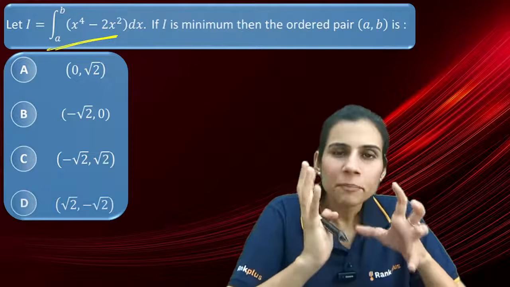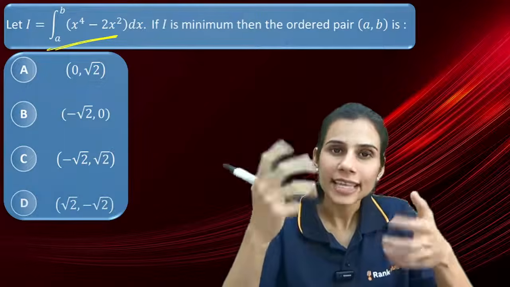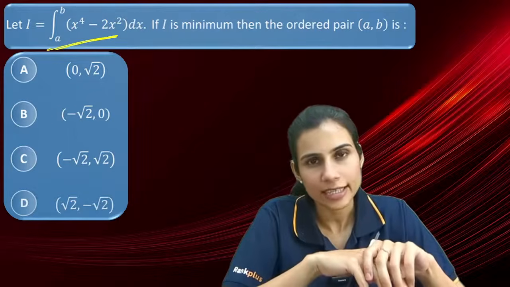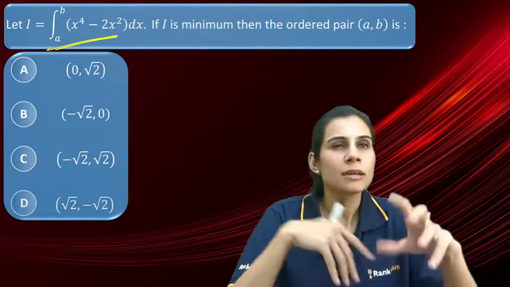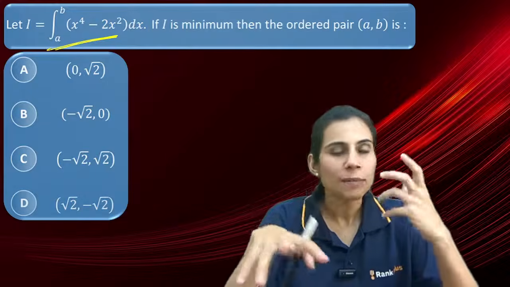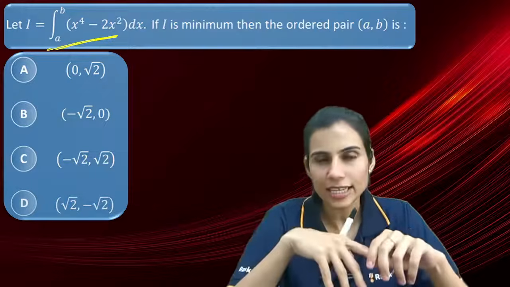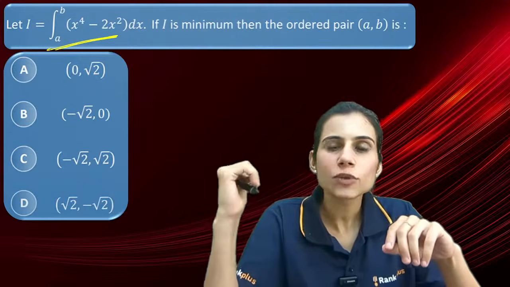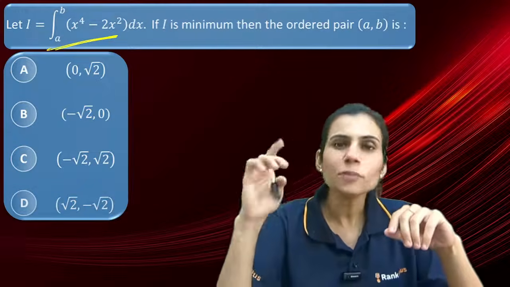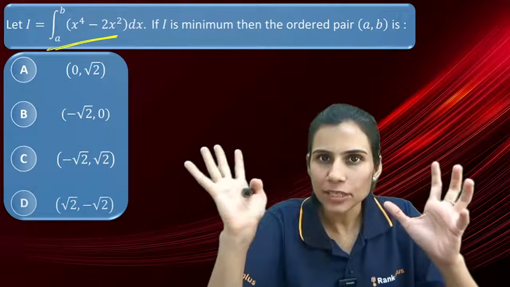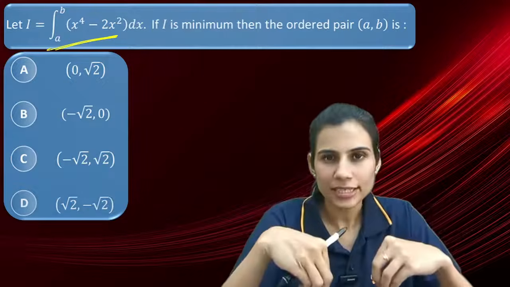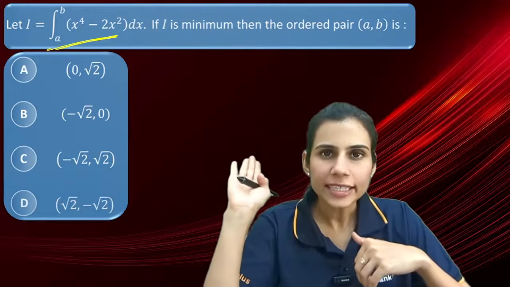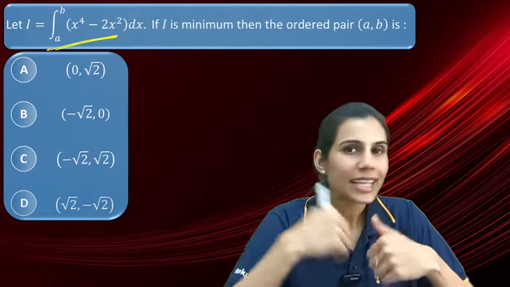If the graph completely is lying above the x-axis, then the integral gives you the area bounded by the curve and the x-axis. But if the graph has some portion above the x-axis, some portion below the x-axis, all the above areas are going to have positive value, the below areas are going to have negative values. You will algebraically add it without computing the absolute value, and whatever comes out as the answer is the value of the integral. So I, the definite integral, can be positive or negative, but area can always be positive.